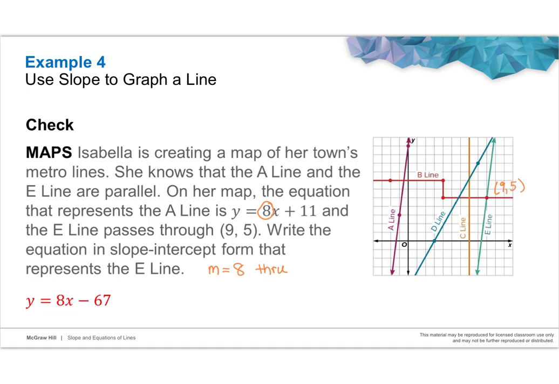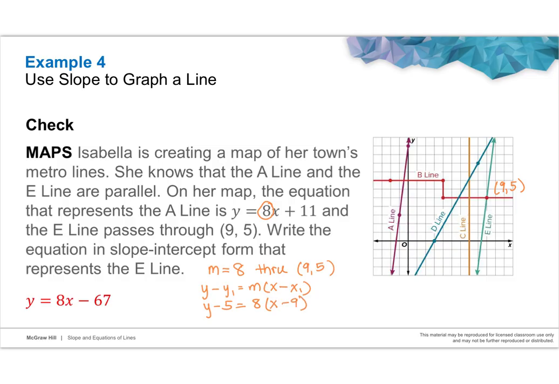So I can start with a point slope equation. y minus y1 equals m parentheses x minus x1, writing down the formula first, filling in what I know. I know my y1 is 5, my m is 8, and my x1 is 9.